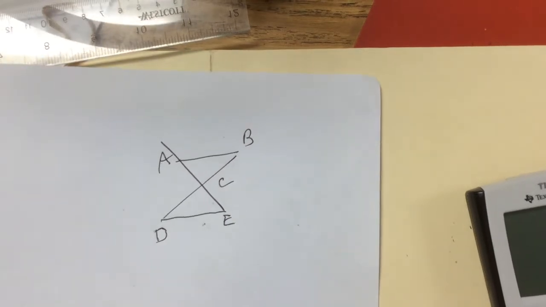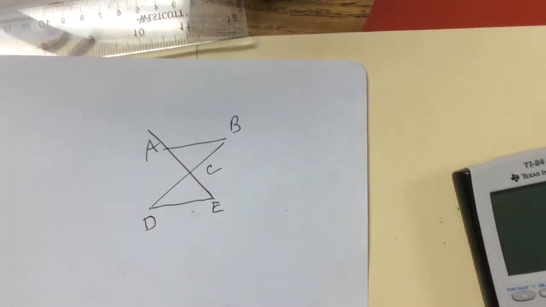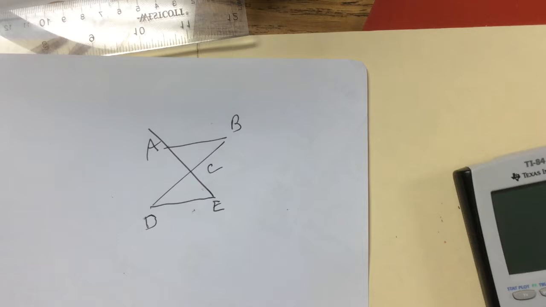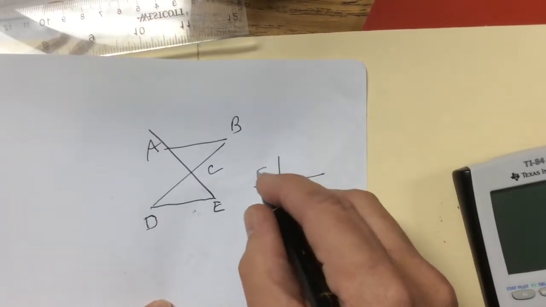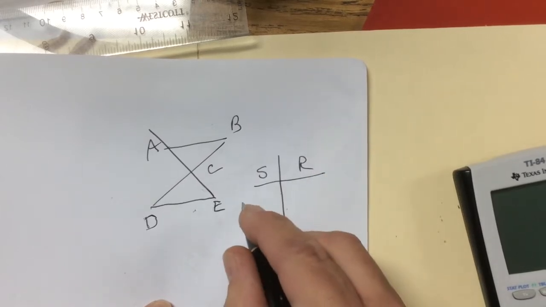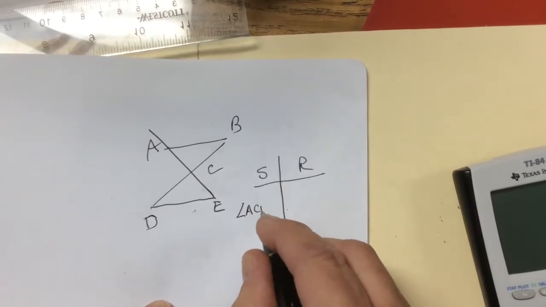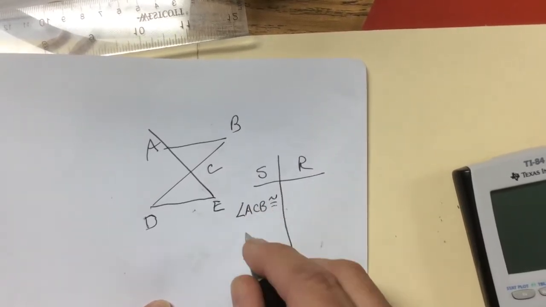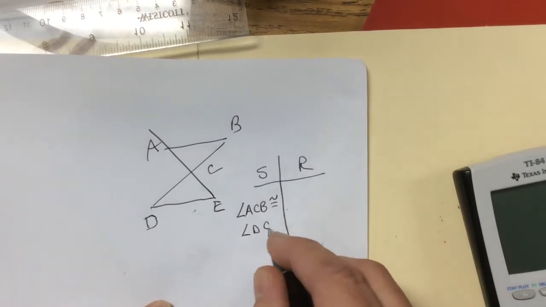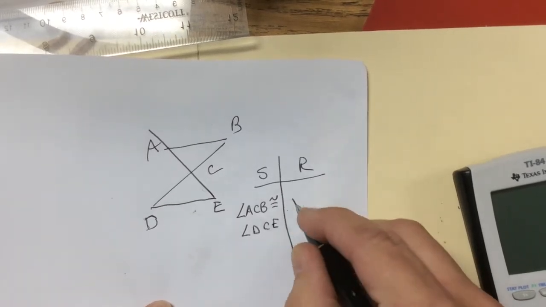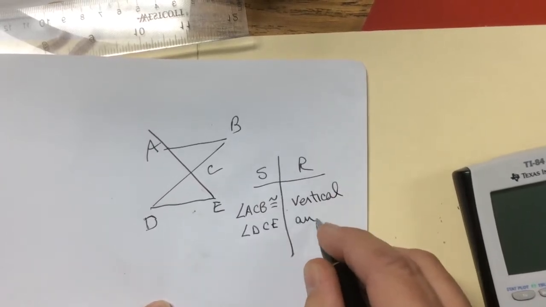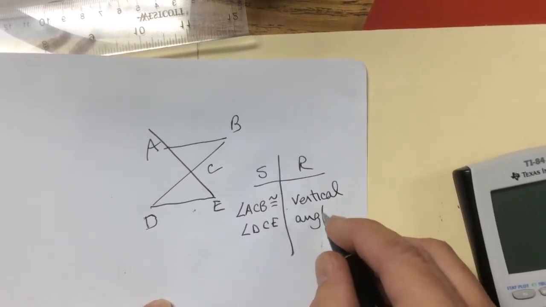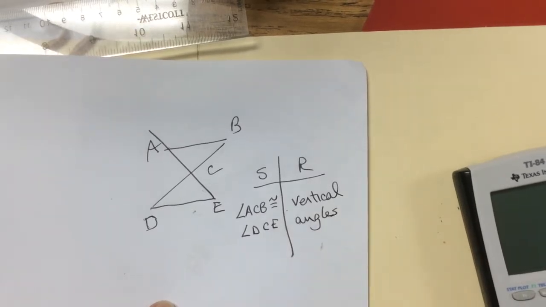And you said no, because there wasn't anything that was given. And I said, really? Nothing given at all? And you said, well, there's nothing given, but I can say, here's the statement, here's the reason. I can say that angle ACB is congruent to angle DCE because vertical angles are always congruent.